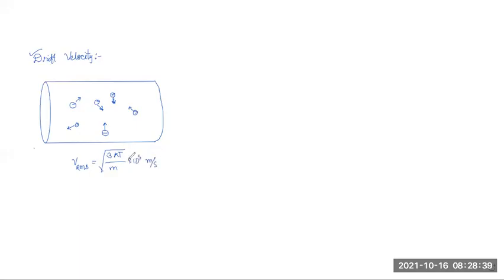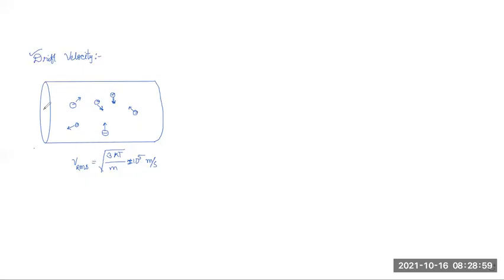This is an average value. K is the Boltzmann constant, T is the absolute temperature, and m is the mass of the electron in this case. So there is no net flow of electrons under this condition.